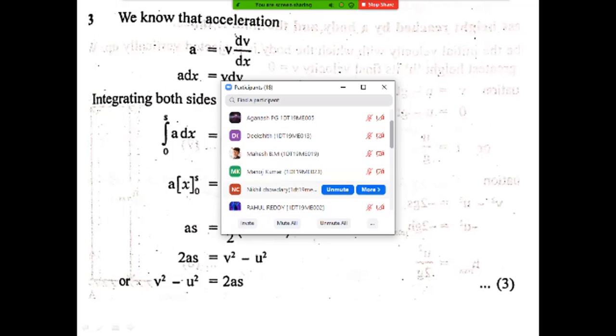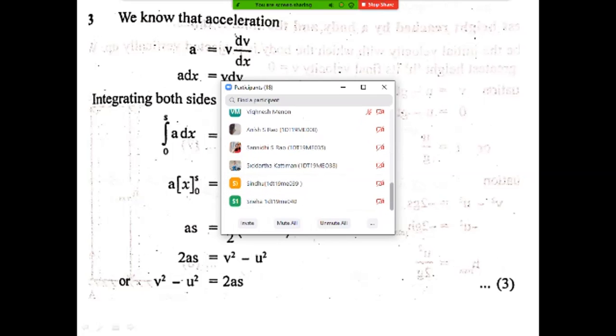Nikhil Chaudhary. Anish Esrao? Yes? Anish? Anish Esrao? Neha? Sneha? Yes? Up to here it is clear?